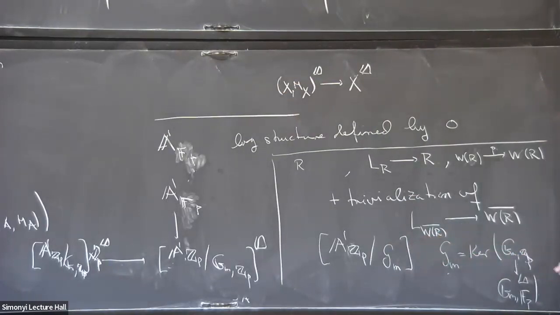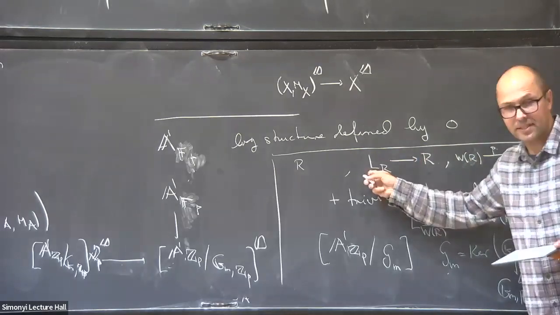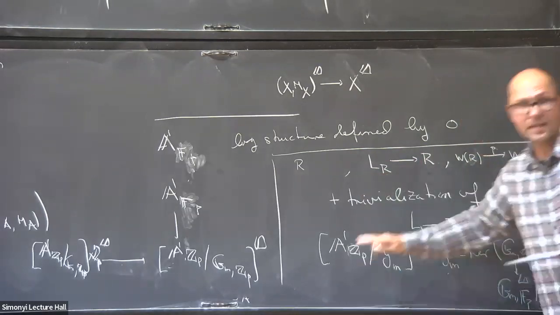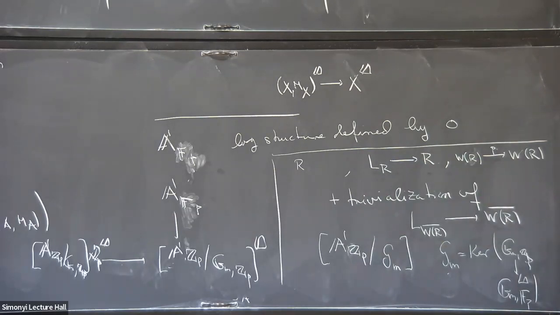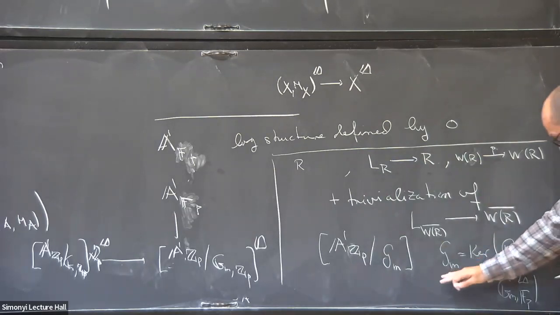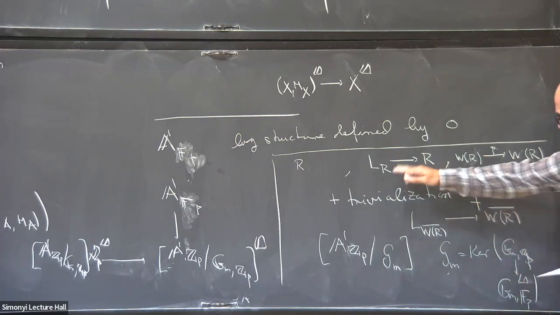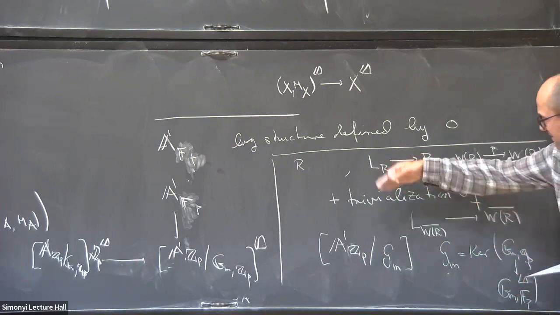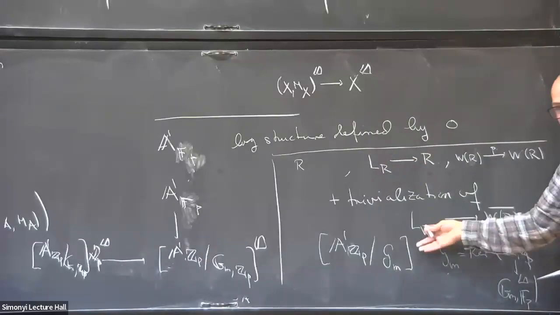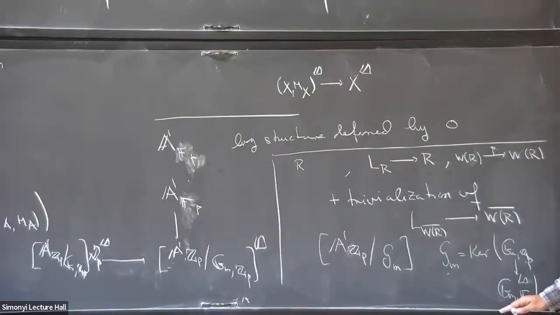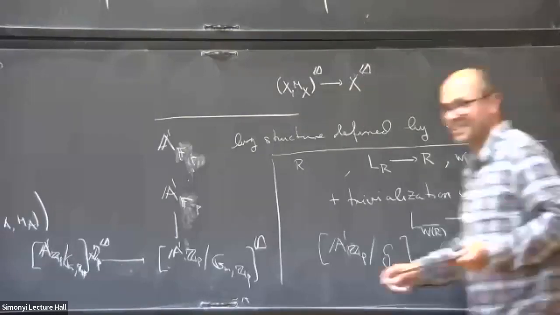That corresponds to an element, if you allow yourself to cheat a little bit, which is a point of A1, an R-bar point of A1. If I started with a trivialization here, that's my map to A1. And then what is the group that acts? The group that acts is the group of automorphisms, changes of choice of trivialization here that reduce to a given trivialization here. So that should be the kernel of this map.